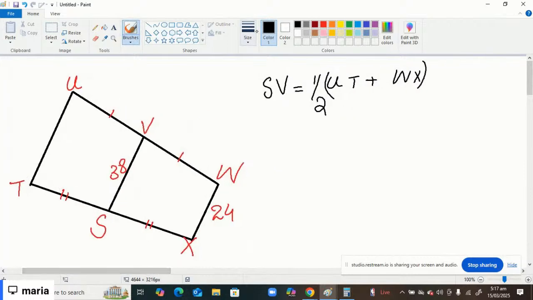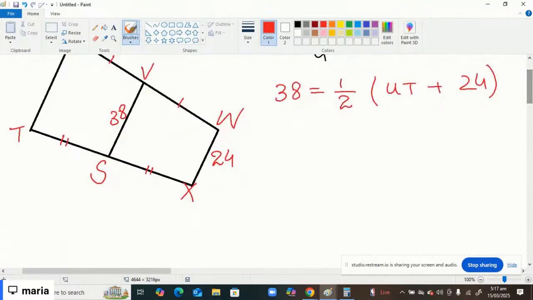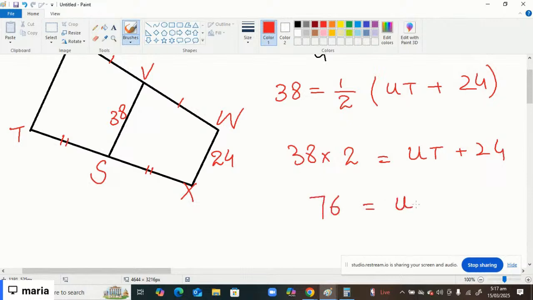So let's see. SV is 38, putting the values, 1 by 2 as it is, UT stays the same because it's not given, and WX is 24. Now this half is basically a multiply, so we move it to the other side. So 38 times 2 equals UT plus 24. This is 76, that is UT plus 24.